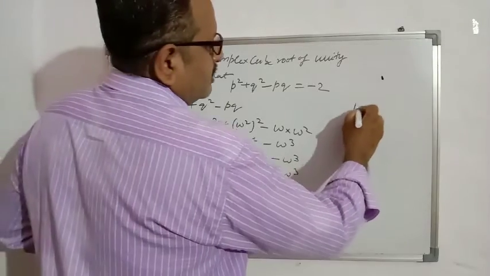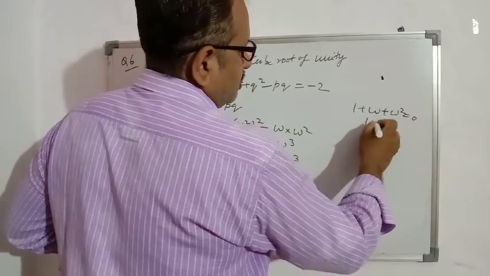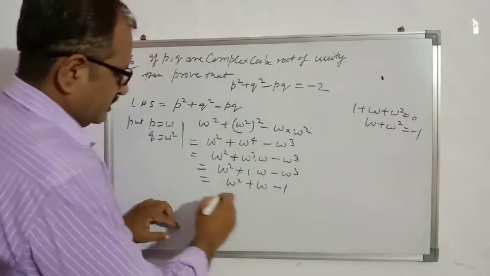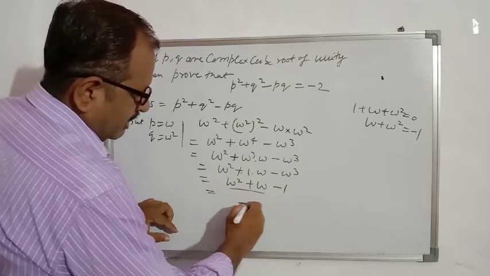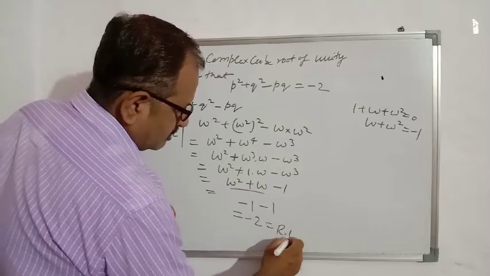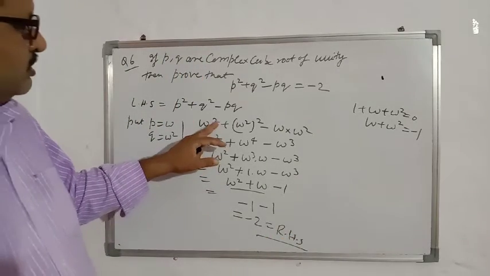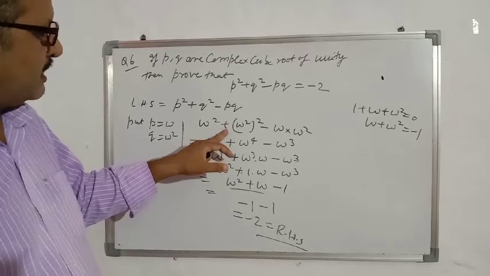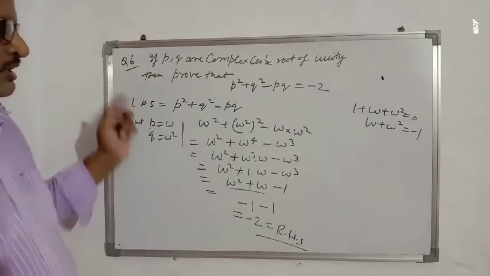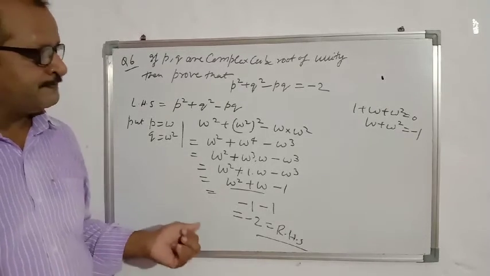We know that 1 plus omega plus omega square is 0, so omega plus omega square is minus 1. So write here minus 1, minus 1, minus 2. It was question number 6. So let us see one more question.